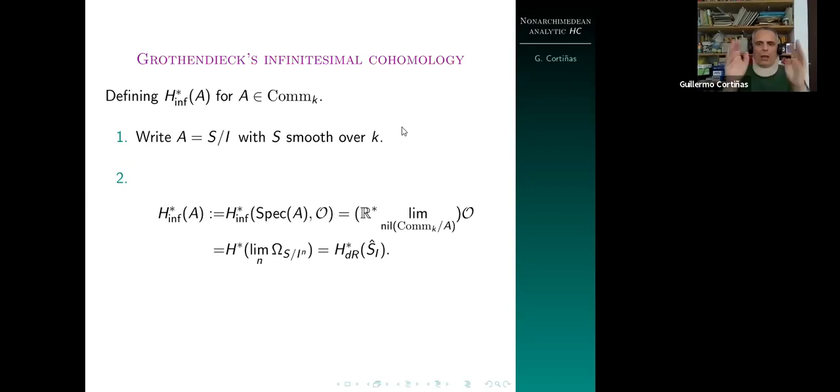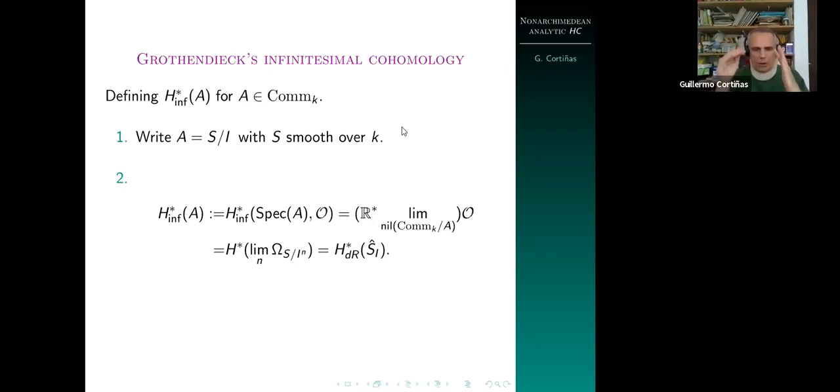Okay? So you have the category of functors from nil com A to abelian groups. In that category, which is the category of sheaves, you have the functor to abelian groups, that is to take the inverse limit.